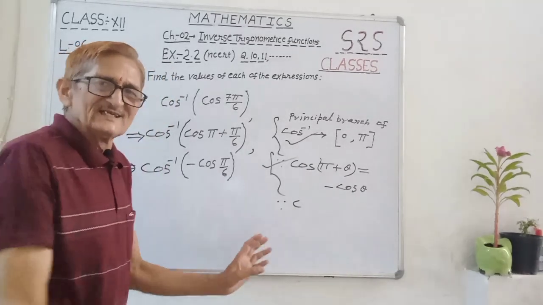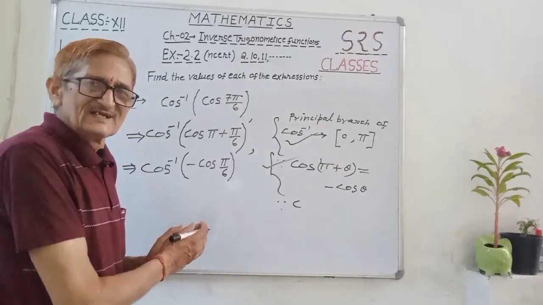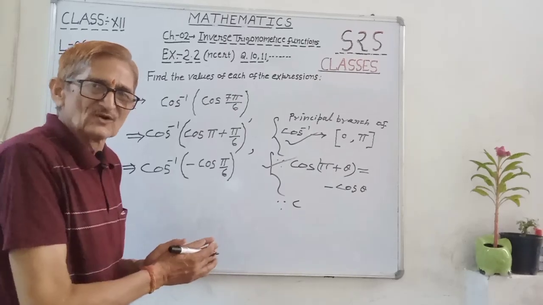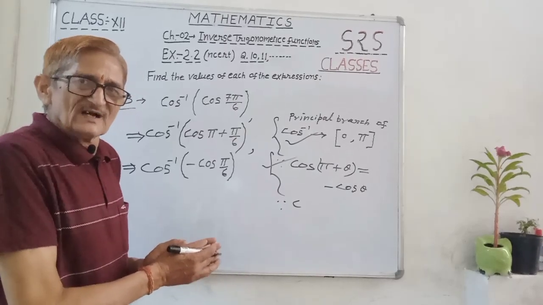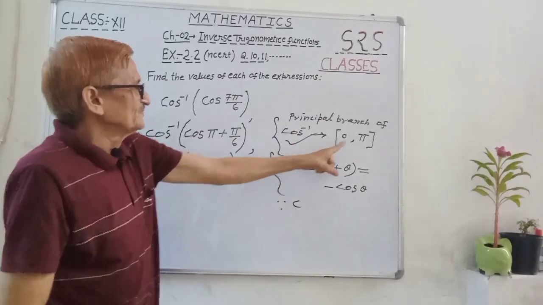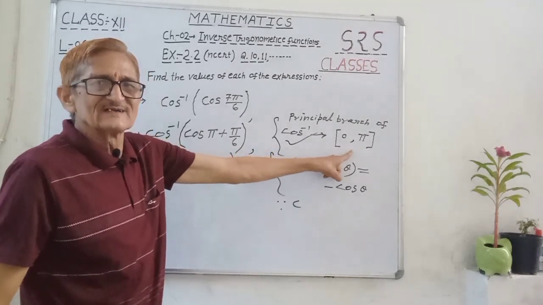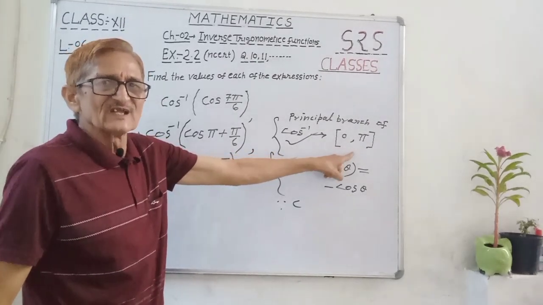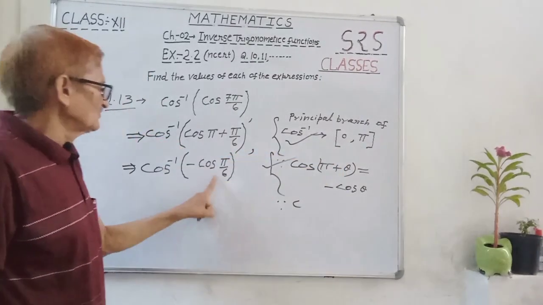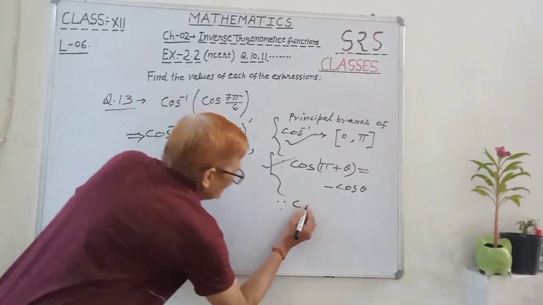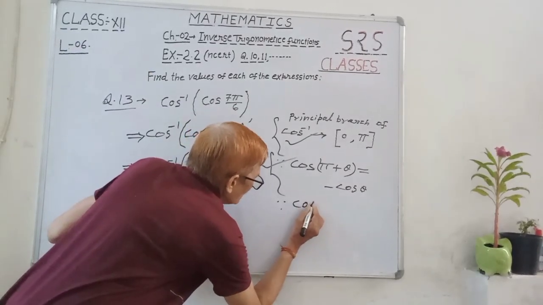And one more point: this branch is 0 to pi, meaning the second and first quadrant, so we should take it in the second.